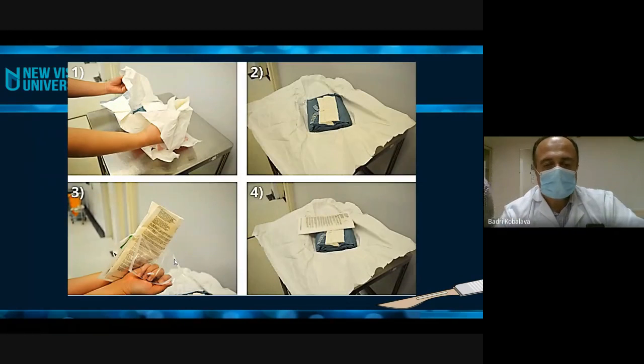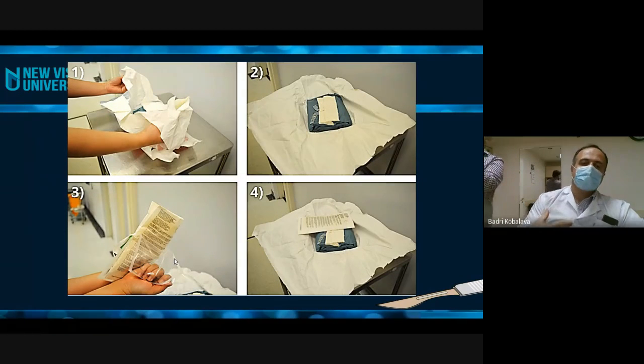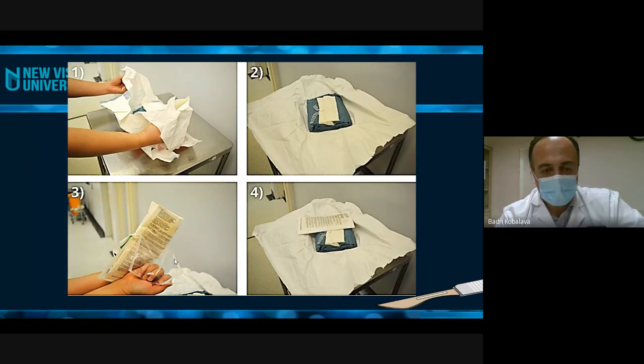Okay, we must also wear sterile gowns, and we must put on sterile gloves before surgery. But it is necessary to follow the rules on how to put on the gloves and gown.